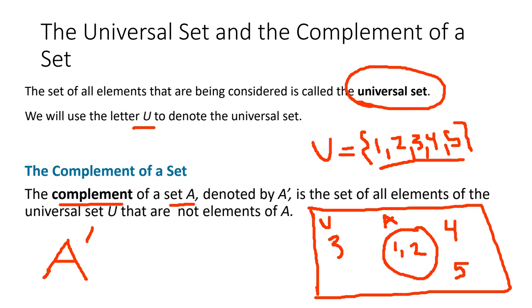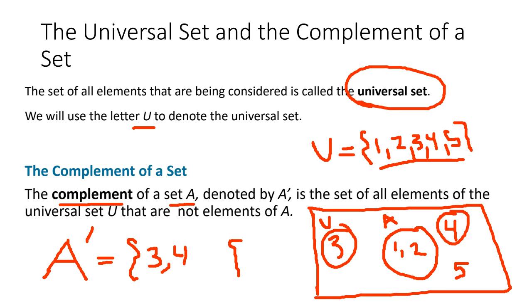So what is everything that is not in this circle A? Well, those numbers are 3, so we would write our 3, 4, we would write our 4, and 5, we would write our 5. So that would be our complement.